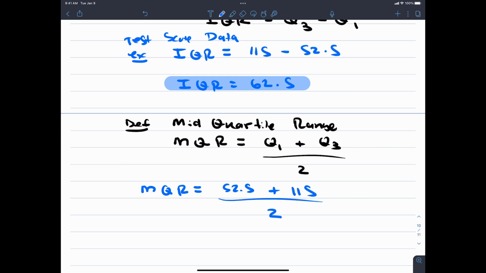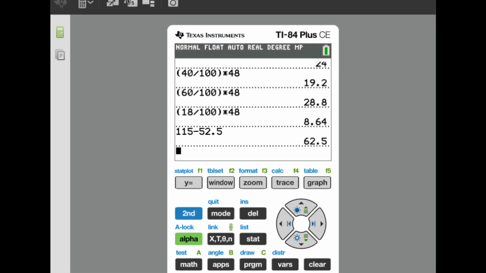Let's find the mid-quartile range. Oops. I like to use a parenthesis, sorry. 52.5 plus 115 in parentheses divided by 2. Think of like midpoint here. And what do you guys end up getting when you find that mid-quartile range?